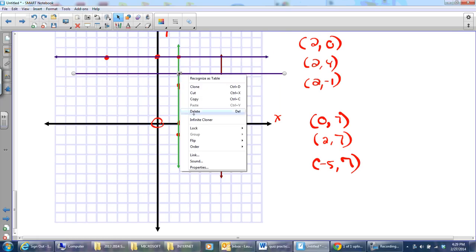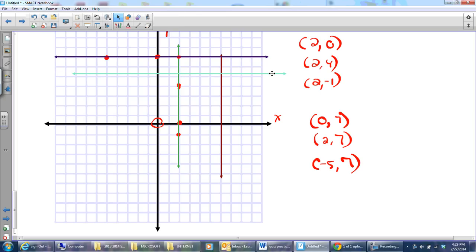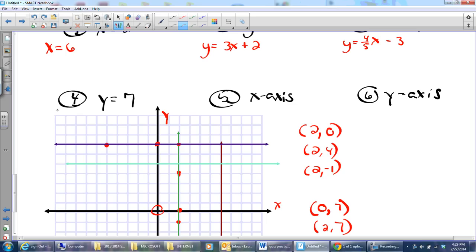There we go. Let me change its color. We'll make it that light blue one. And let me put it there. So that equation would be y equals 5, I believe. 1, 2, 3, 4, 5. Yeah, that's right. So y equals 5 would be parallel.